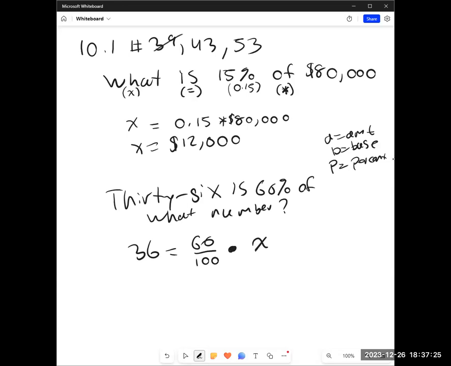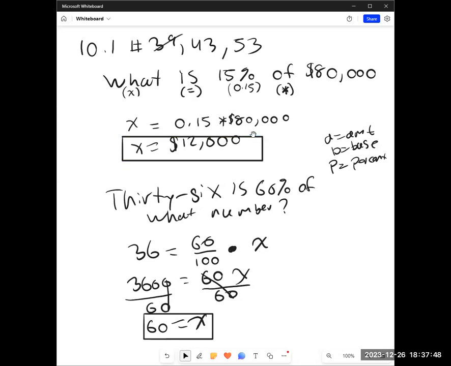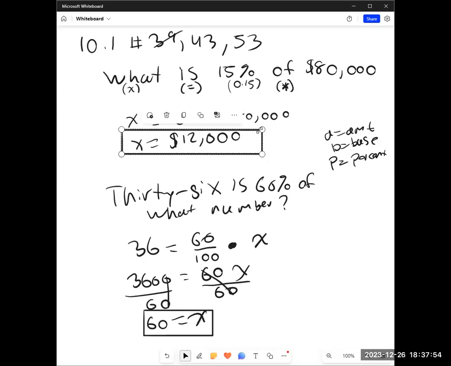So I'm going to multiply by 100, then divide by 60. 6 goes into 360 60 times, and 60 is my answer. Okay, like that.